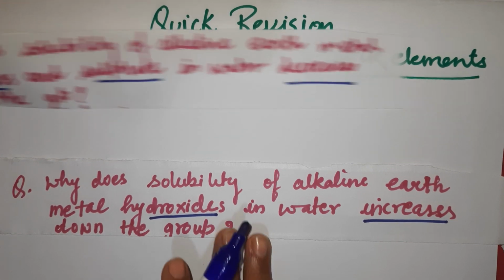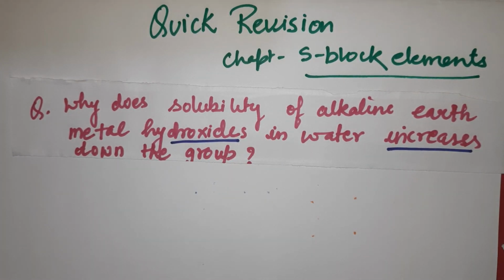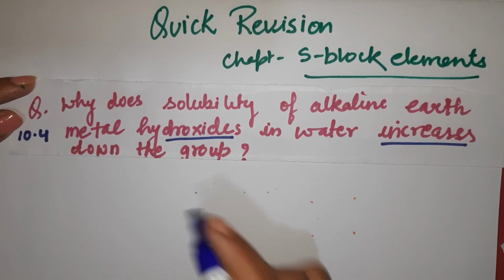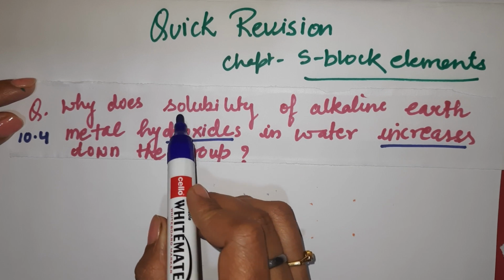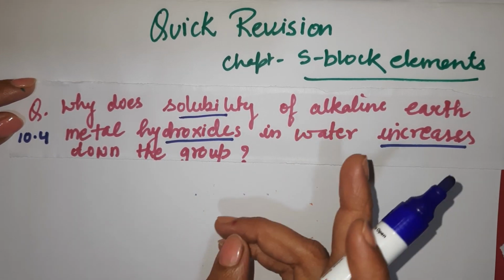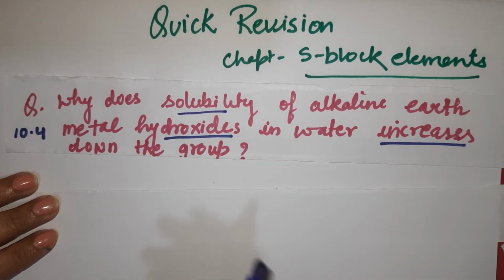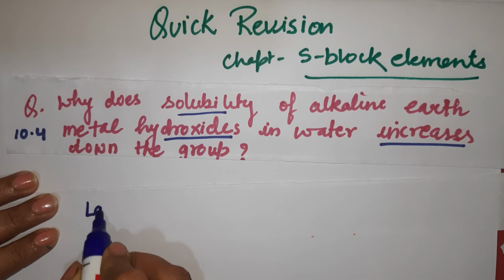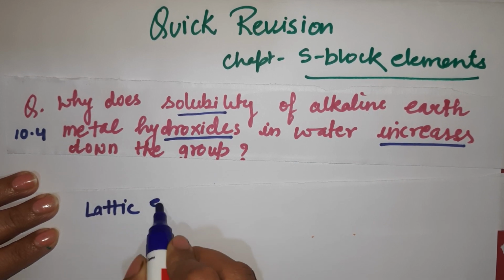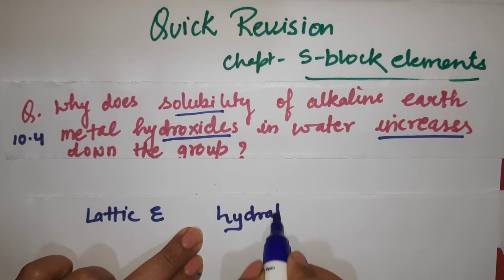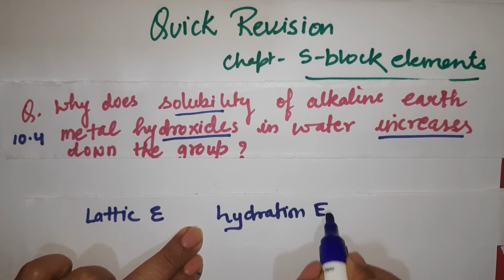This question is also given in your NCERT as in-text question 10.4. First of all, you have to understand that solubility depends on two things: lattice energy and hydration enthalpy. These are the two main important factors.